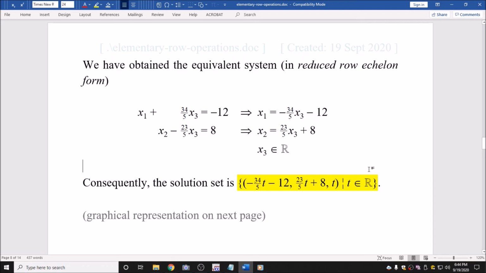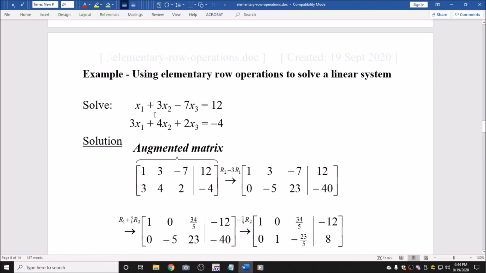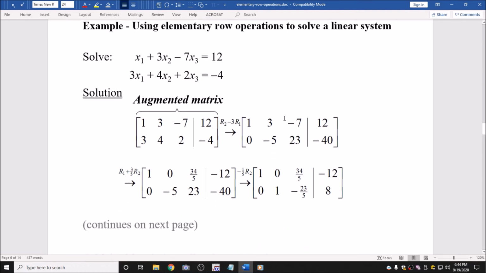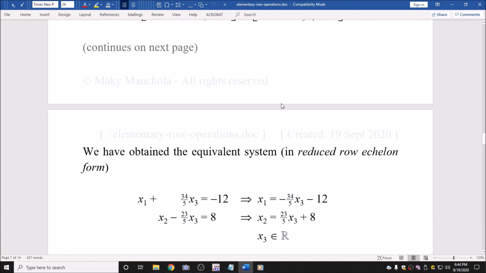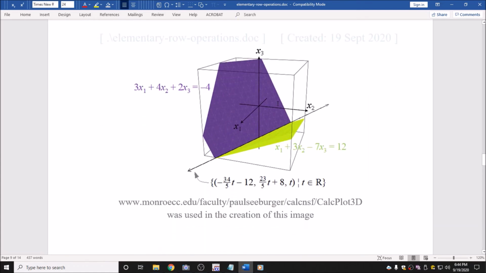Now, let's see a graphical representation of this. We were solving a system of two linear equations in three variables. Graphically, each of these equations represents a plane in R3. What we obtain is all points of intersection of the two planes. Let's observe here in this graph.